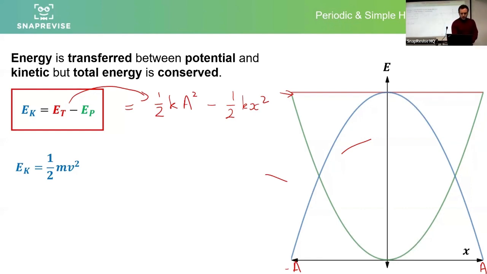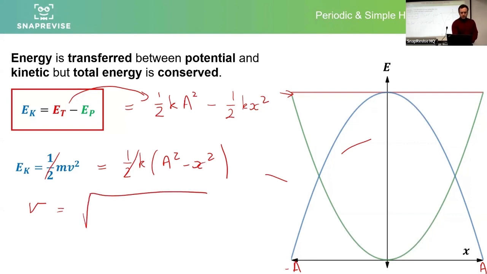If you then set it equal to this, you can work out an expression for V. The halves cancel. You will need to square root, but you get K over M times A squared minus X squared.